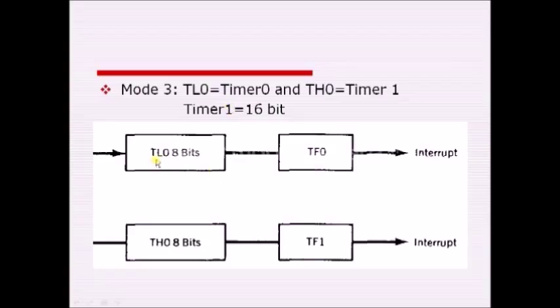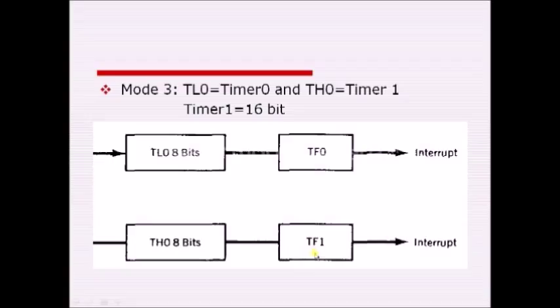Now as you can see here, if TL0 exceeds its 8-bit maximum value, that is from FF to 00, then TF0 will become 1, indicating that an overflow has occurred with respect to timer 0, and here timer 0 is nothing but TL0. In the same way, if TH0 comes across the overflow condition, then TF1 will become 1, which generates an interrupt.